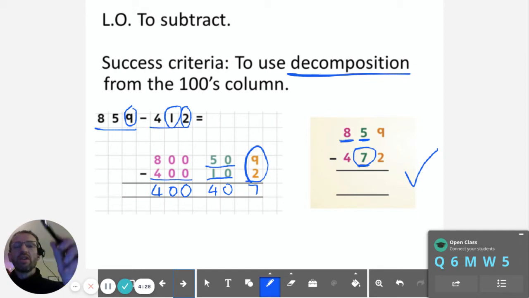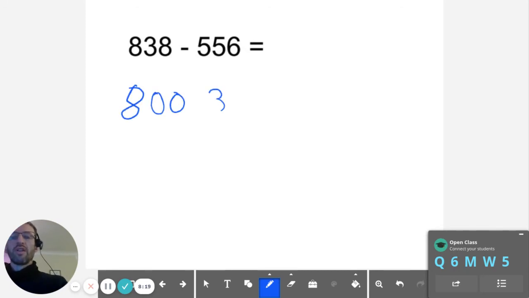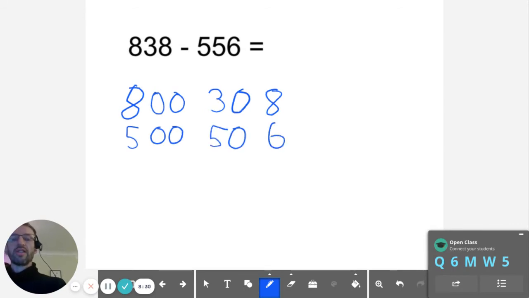Let's have a little look at that. If I had 838 take away 556, I would very simply, excuse me, it's going to flip the screen. That's a bit better. I've got 8 hundreds, 30 and 8, and I'm going to take away 500s, 50 and 6.